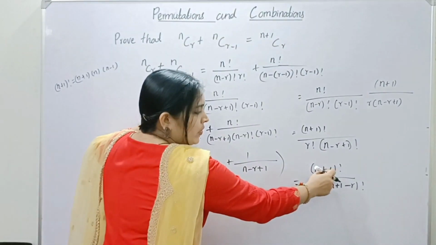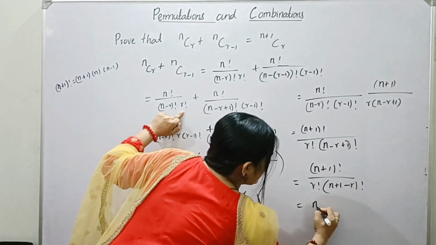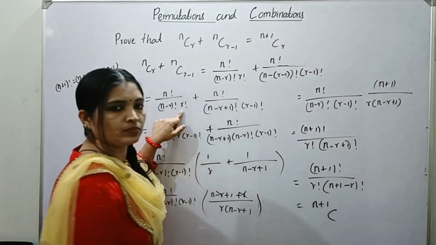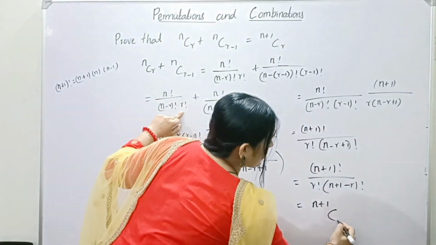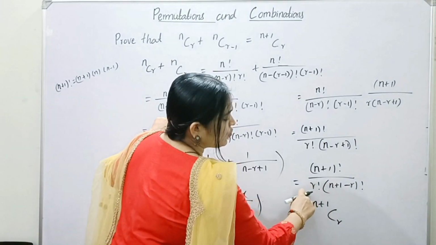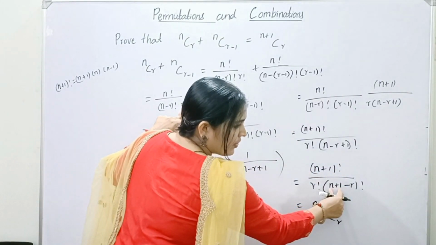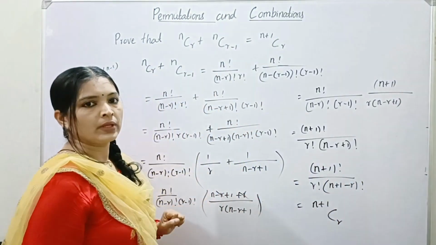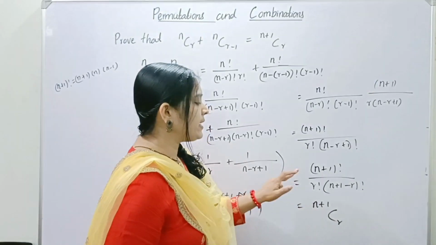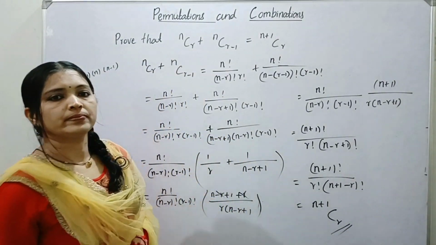So here, in place of n put n plus 1: n plus 1 factorial divided by r factorial into n plus 1 minus r factorial. Therefore it is nothing but n plus 1 C r. Hence it is proved.